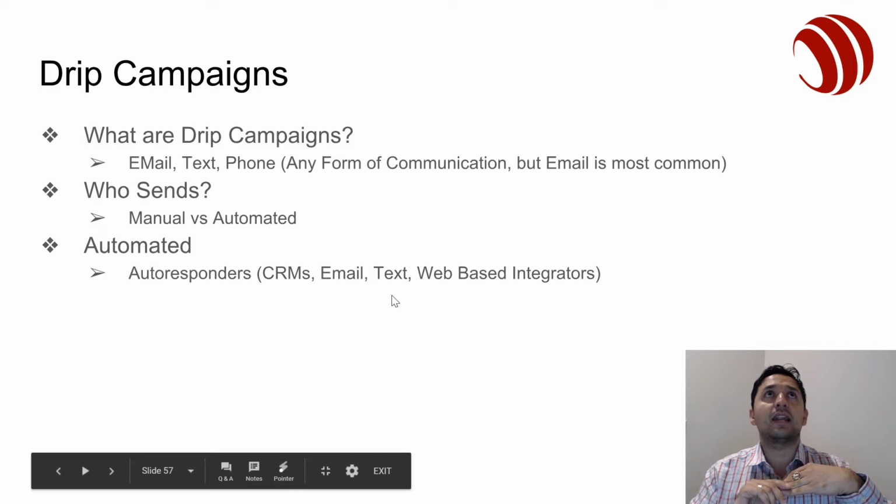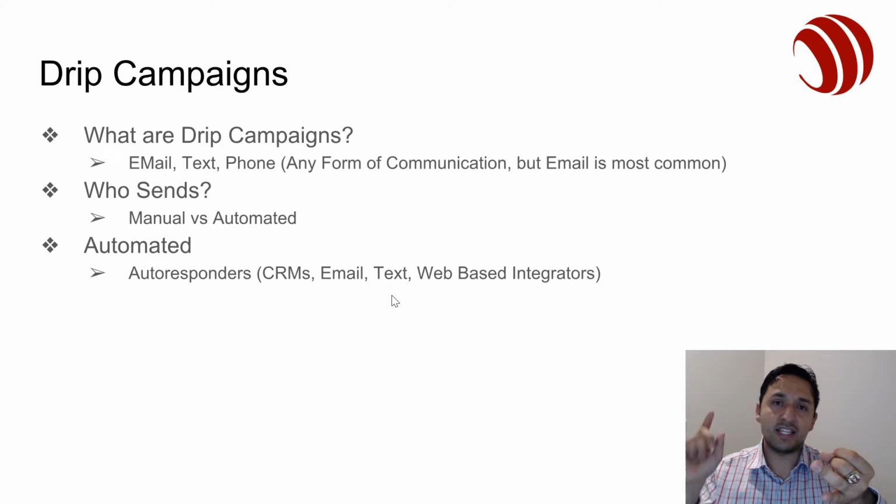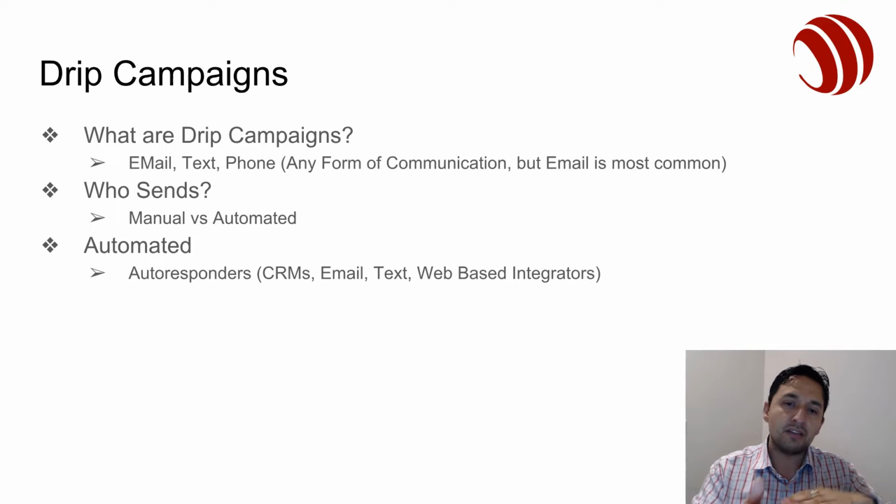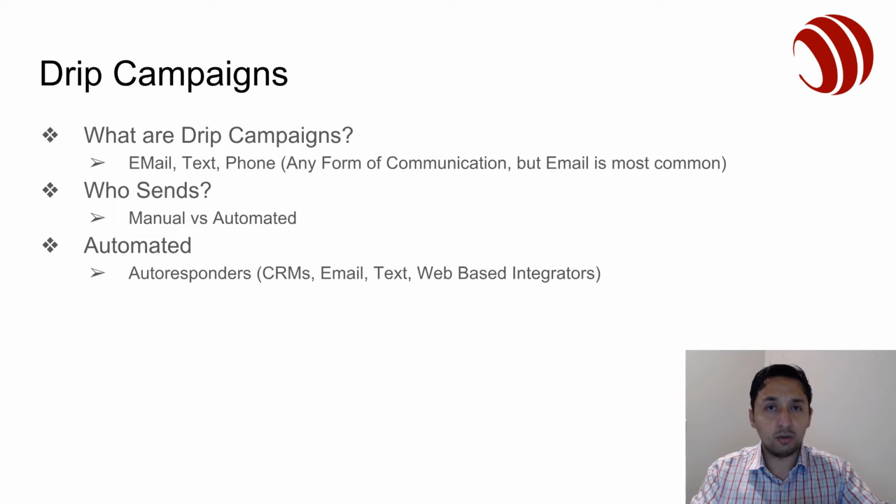So when I say that, I'm talking about Constant Contact, iContact, ActiveCampaign, MailChimp. Those are the email autoresponders. And then you have some companies that are only dedicated to text campaigns that send text to phone numbers that you program into the system, and it goes out.